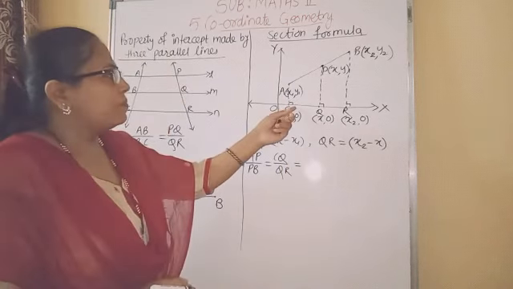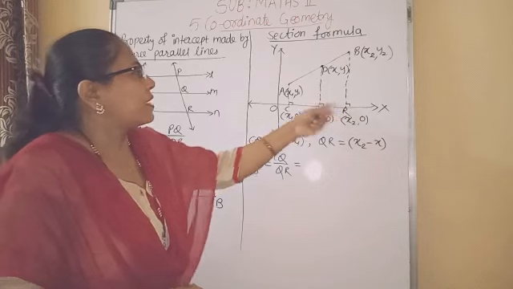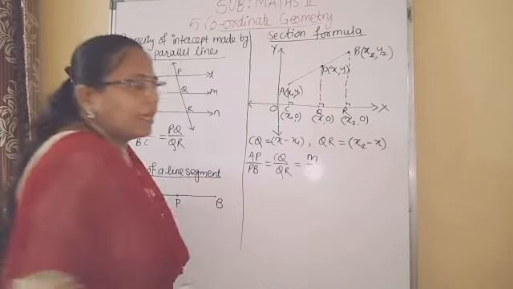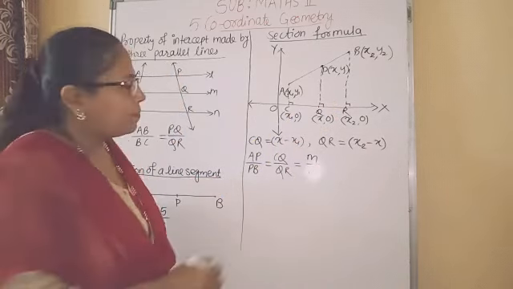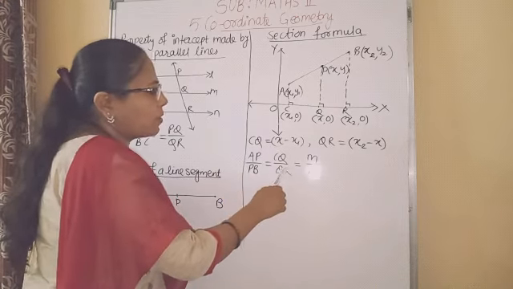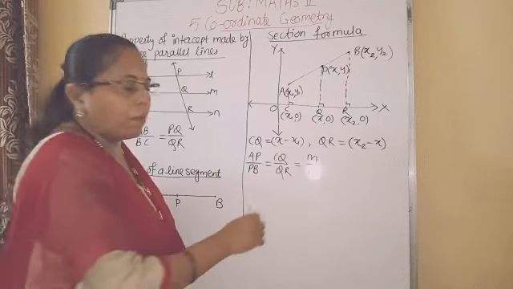See, these two ratios are equal. So let me assume this ratio is m upon n.